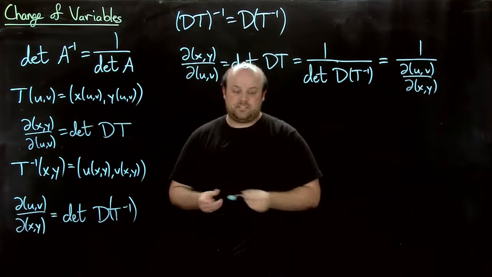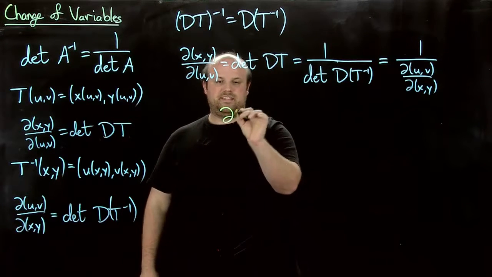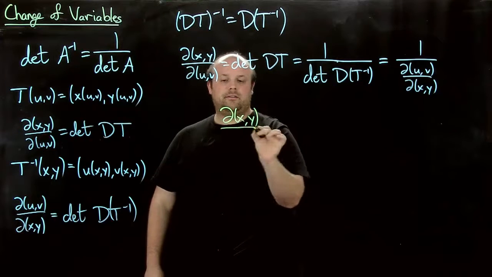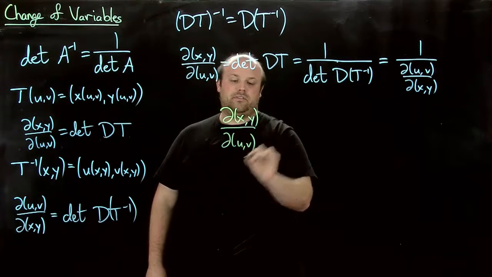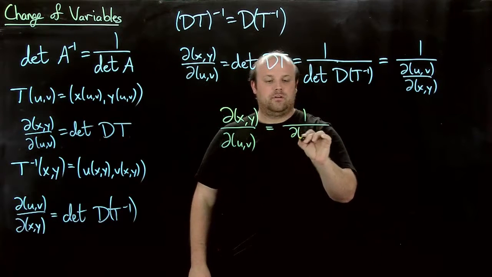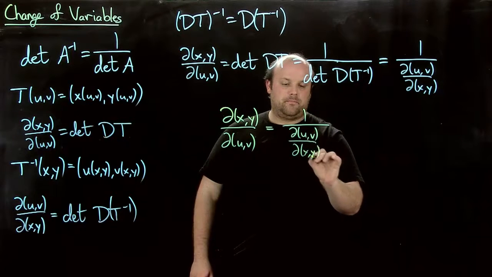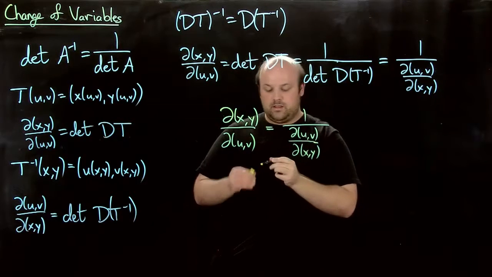Right? So let's just rewrite that for clarity. What I'm saying here is d(x,y)/d(u,v), so this Jacobian, is 1 over d(u,v)/d(x,y). Right?